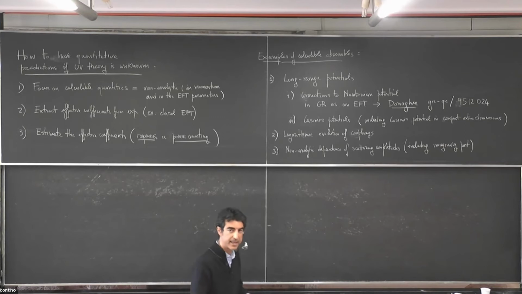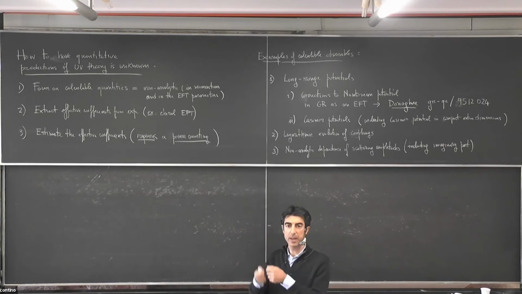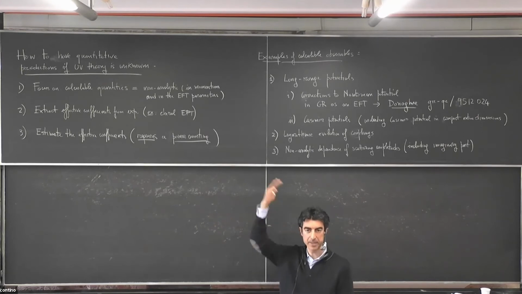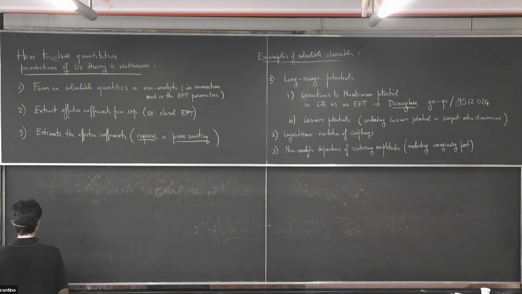But that's not enough because typically, and actually always, these coefficients imply a certain number of powers of couplings of the UV theory. So you have to take into account how many powers of the couplings there are, and how many powers of the UV scale enter.